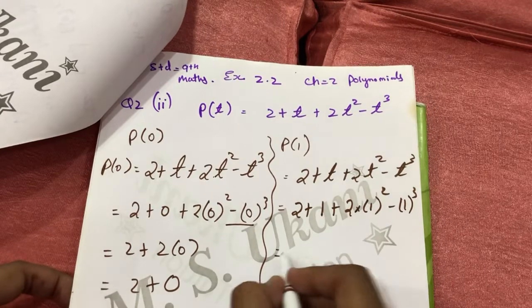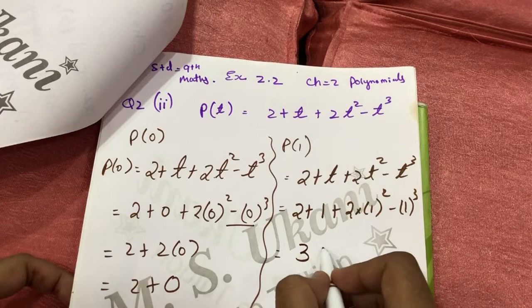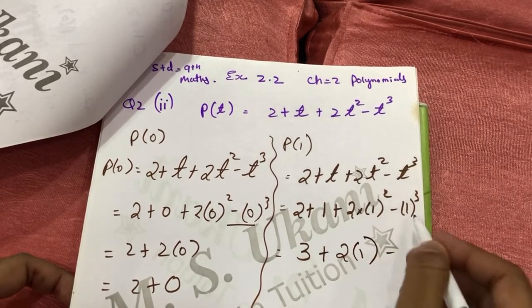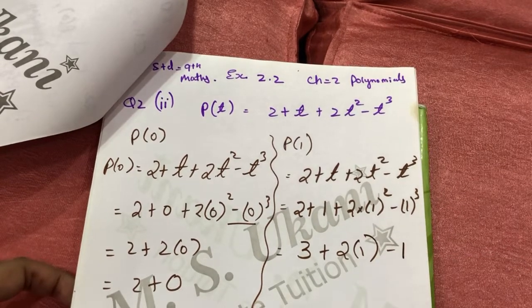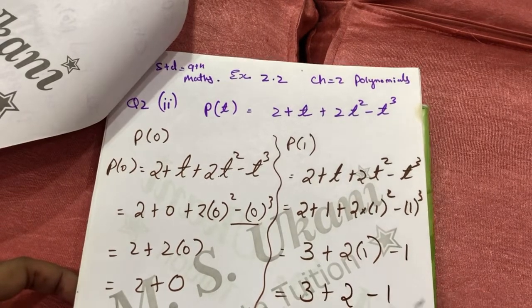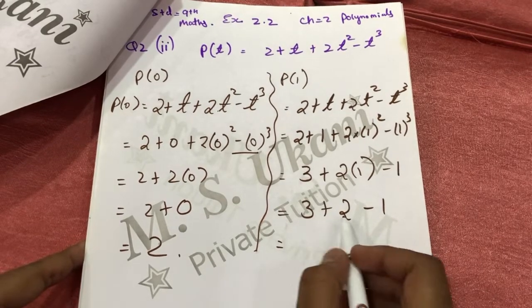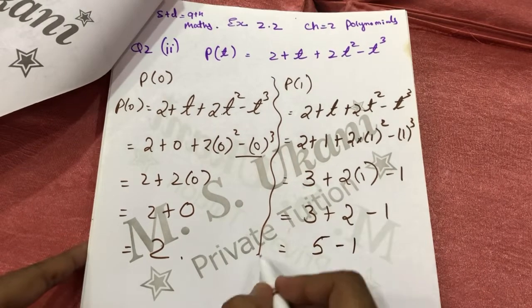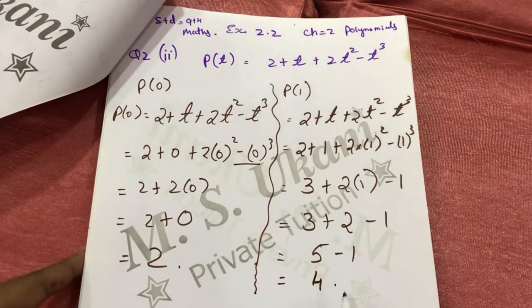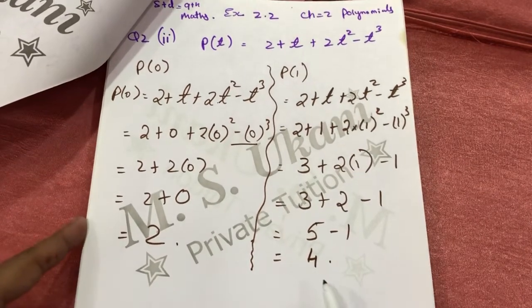Now 2 plus 1 will be 3 plus 2 as it is, 1 square will remain 1, minus 1 cube will remain 1 only. Now 3 plus 2 is 5 minus 1. So our answer will be 4.